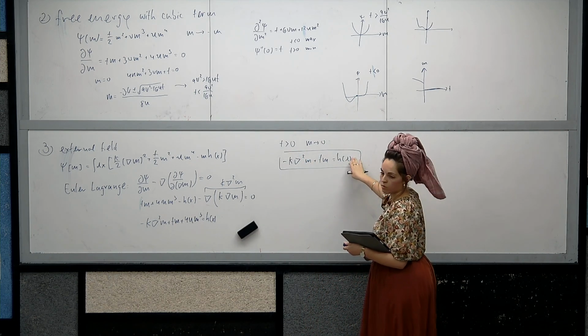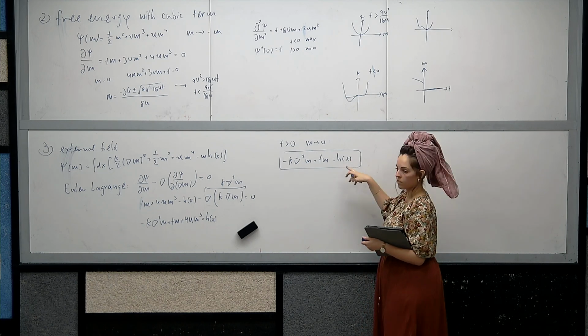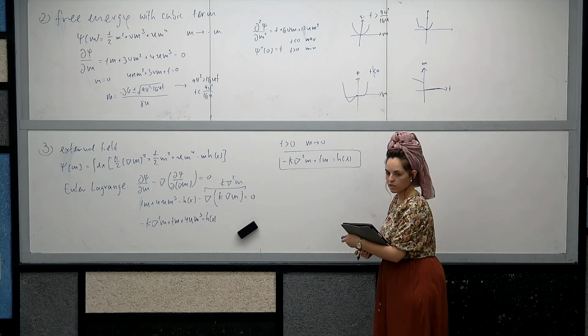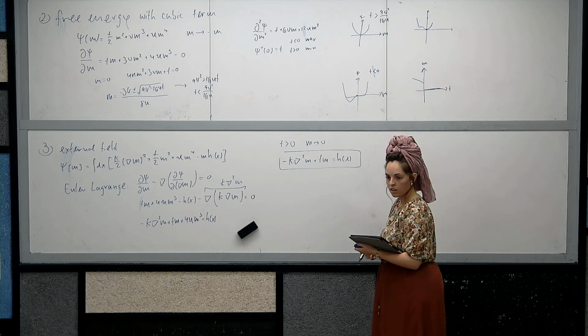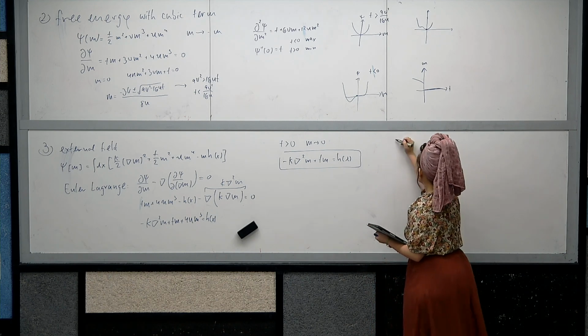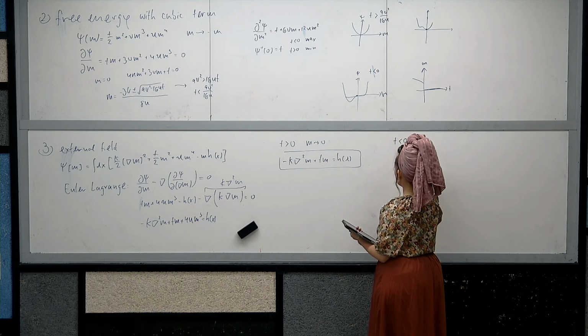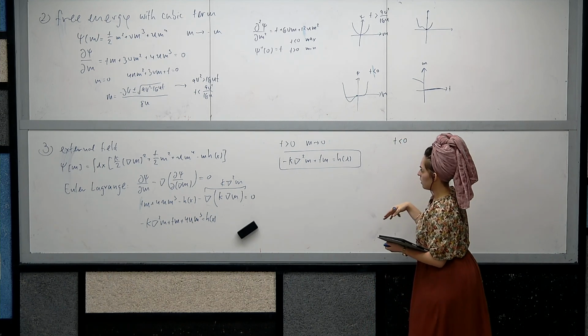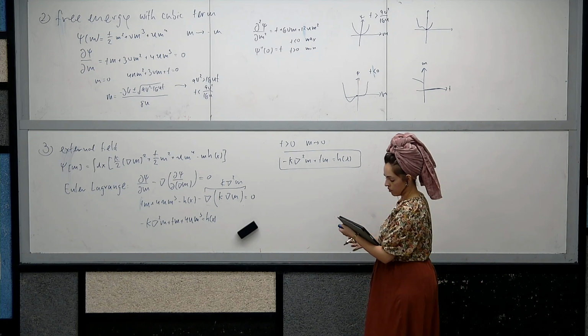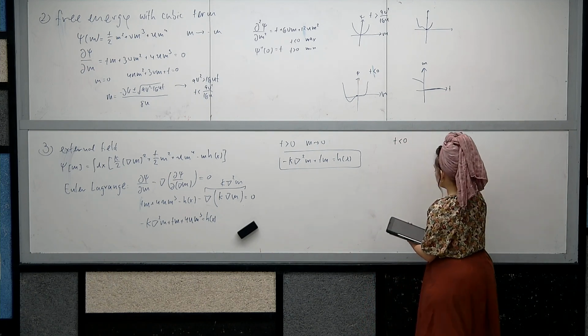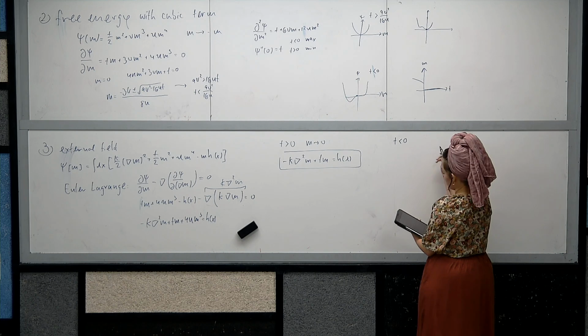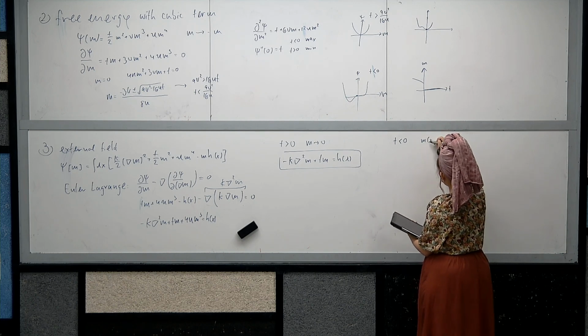Then we can plug in any field and try to solve the equation. I hope we can solve it. When t is smaller than 0, m is not 0, so we can't do that.